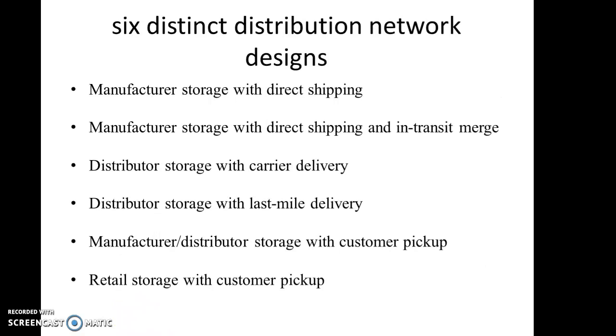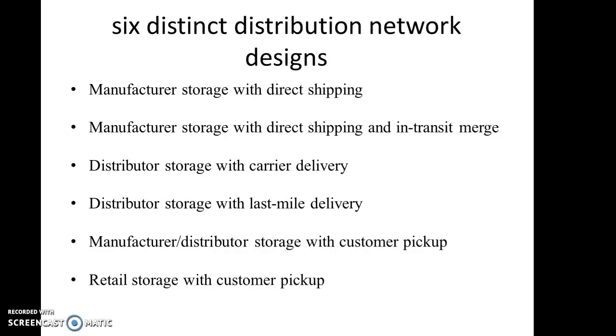Now we see what choices are available in distribution network designs. There are 6 distinct distribution network designs. The first one is manufacturer storage with direct shipping. The second one is manufacturer storage with direct shipping and in-transit merge. Third, distributor storage with carrier delivery.